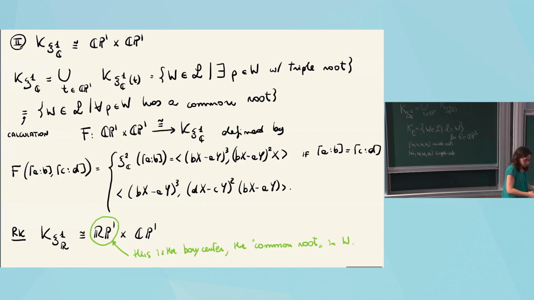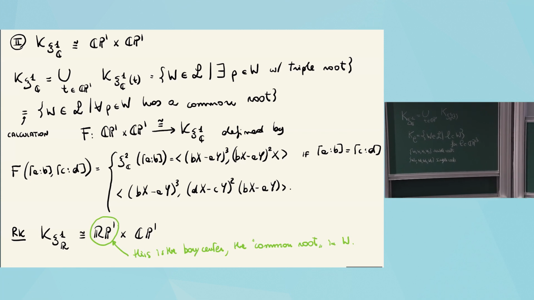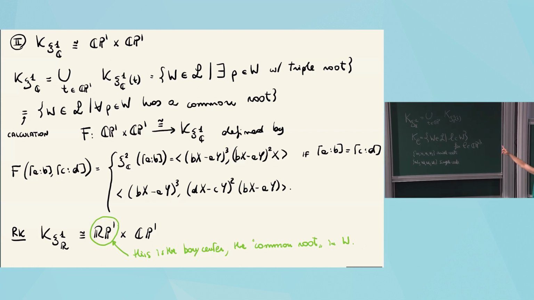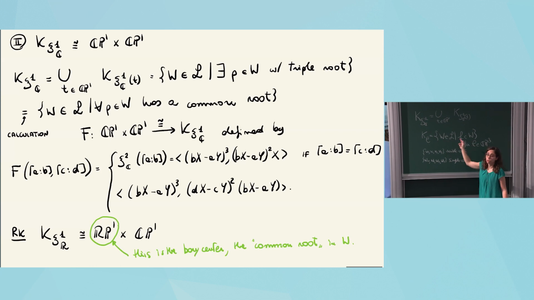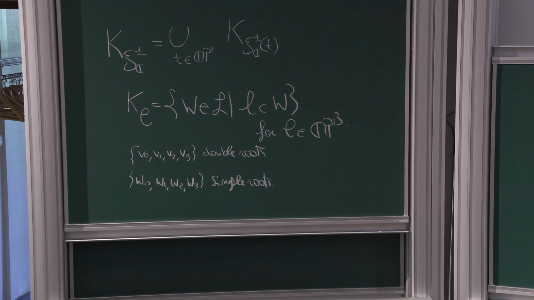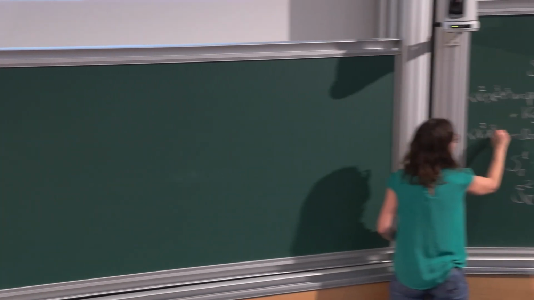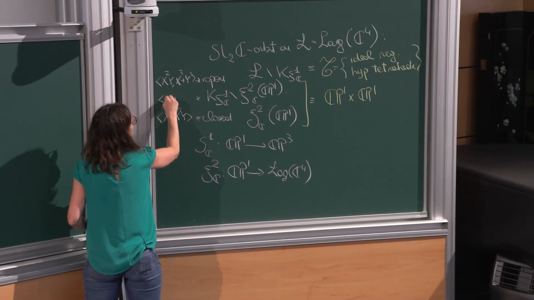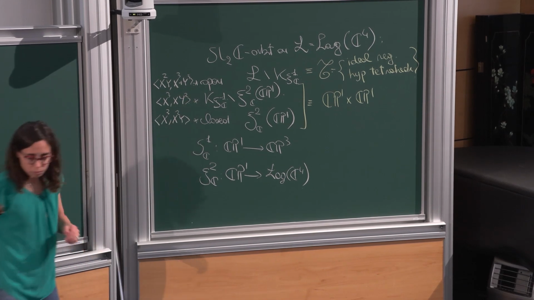Then you can really do a calculation with the symplectic form and see that these actually coincide with the Lagrangians that have a common root. Okay, and in fact this is what distinguishes these two cases. So here one representative is this, and here one representative is this.